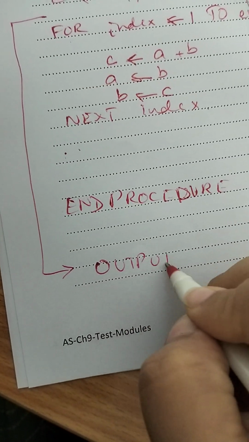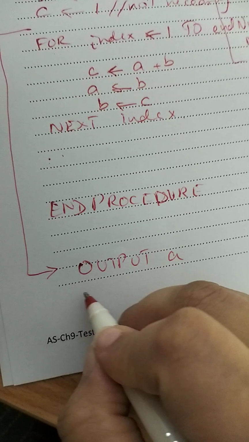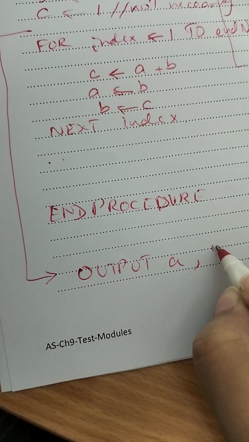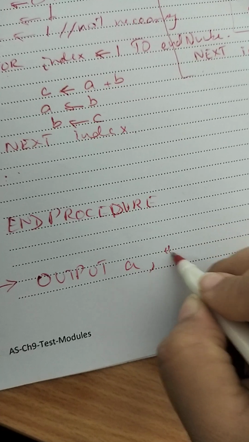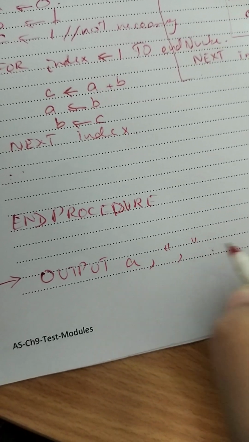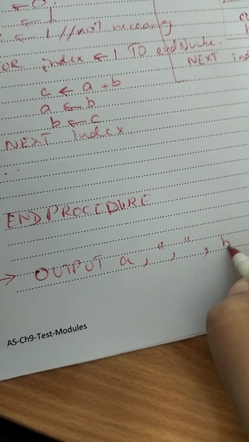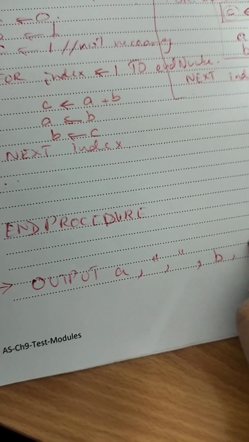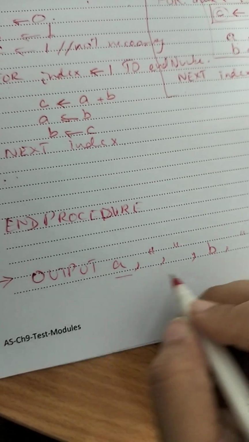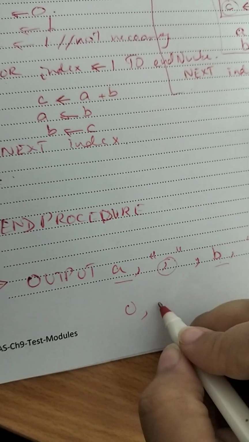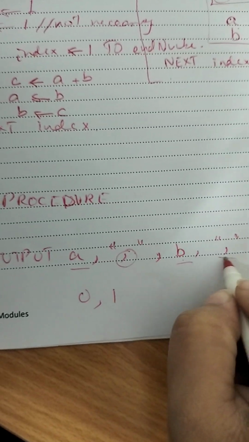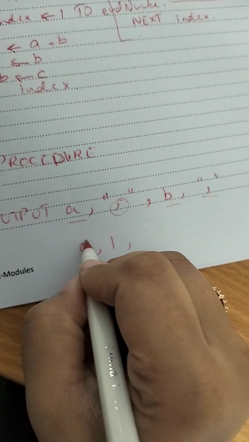Output A, comma, let's have commas as text as well, comma, B, comma. So basically it will be 0, this is text, comma, then B value is 1, and then this is text. So this will be the output screen.